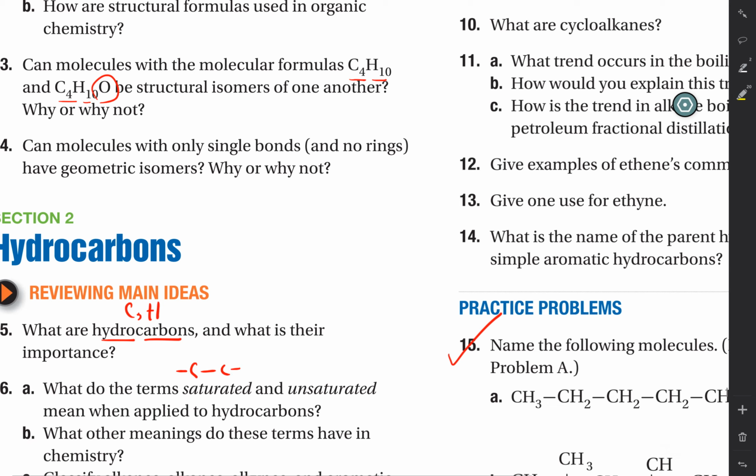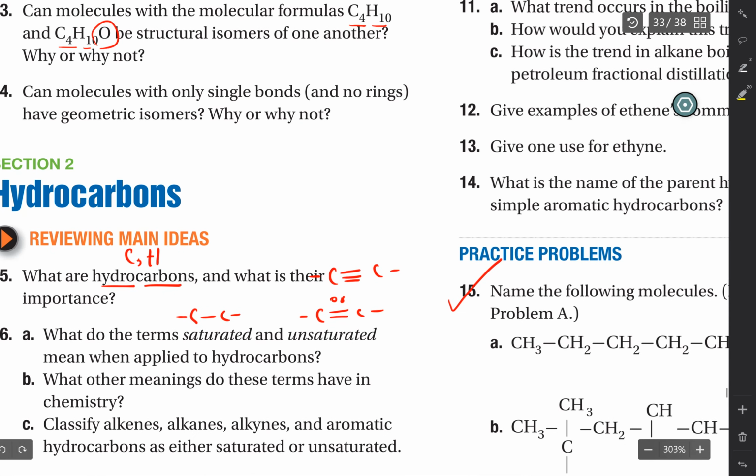But when we say unsaturated hydrocarbons, it means the structure has at least one double bond or one triple bond between two carbons. Part B of this question is cancelled. So let's go to part C.